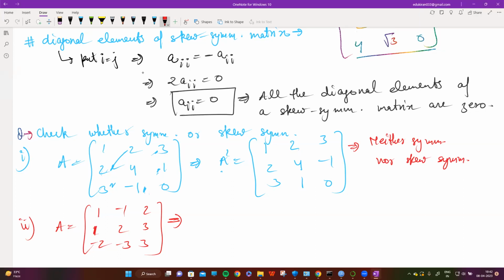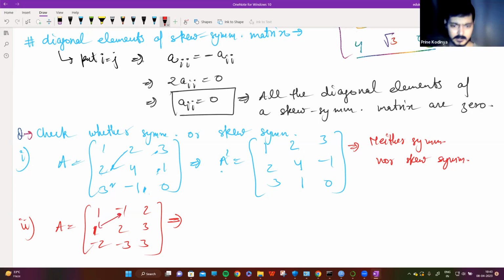Is it skew symmetric? Feel free to answer, don't worry. The worst that can happen is that you give the wrong answer. How do you check skew symmetric? Just compare these two elements, or take a dash and then compare, right? So how do you do this first? You tell me.